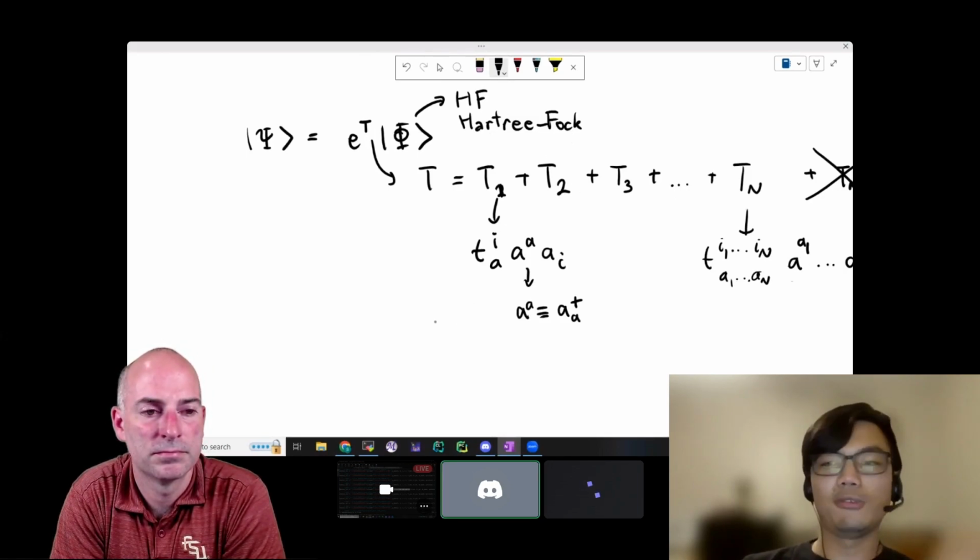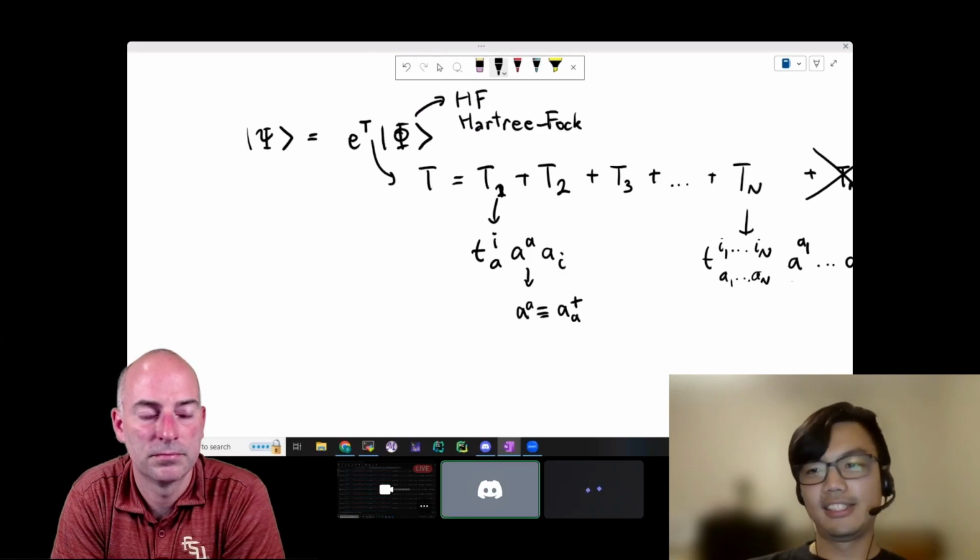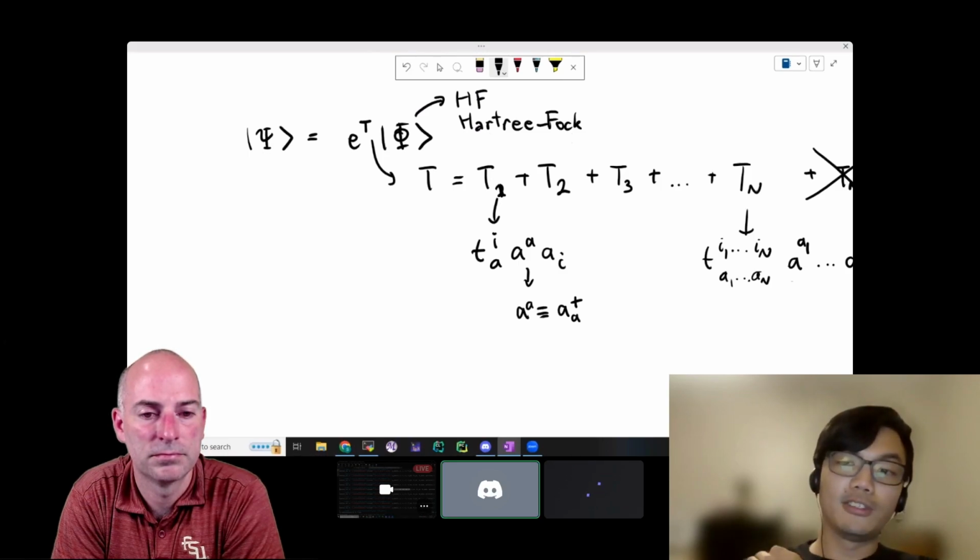I ran an example with CCSD, which means T contains T1 and T2. Now, what is known is that if you go all the way to include all these components, up to the component that excites all electrons, you get back the exact, or what is called full CI, full configuration interaction description of your system.